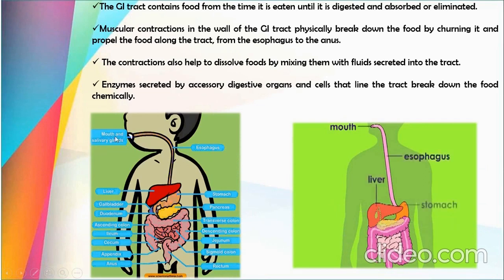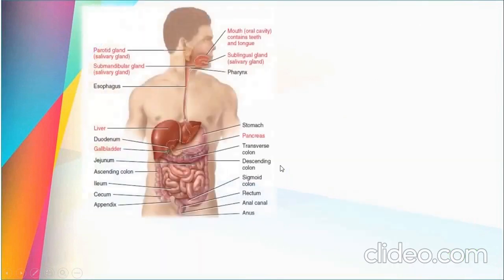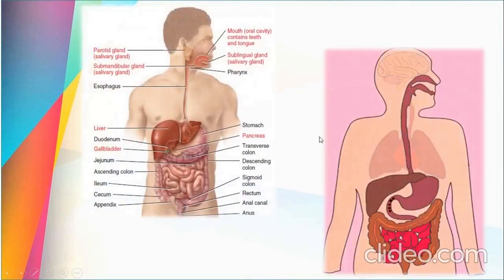Now here, starting from the eating of the food up to the digestion or the elimination of the food. These are the total process of eating of the food up to the elimination of the food. Now here is the diagram which shows the parts of the digestive system.